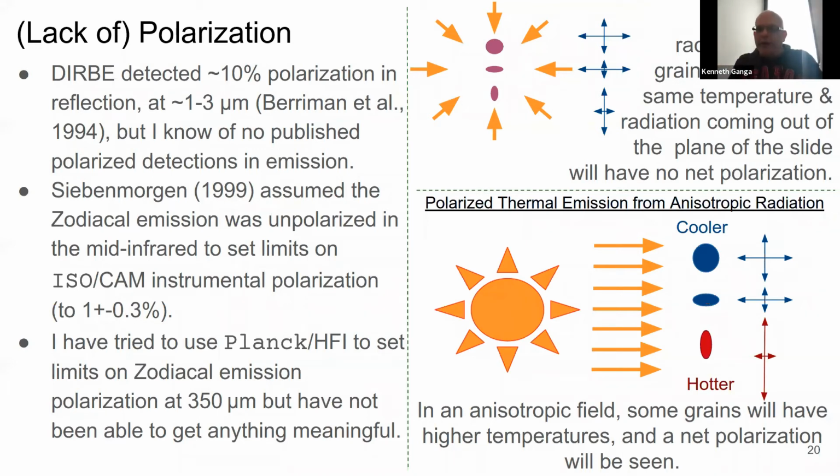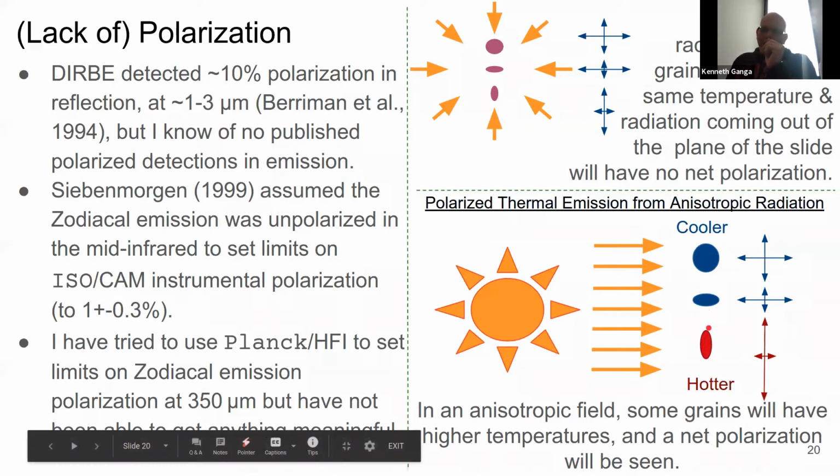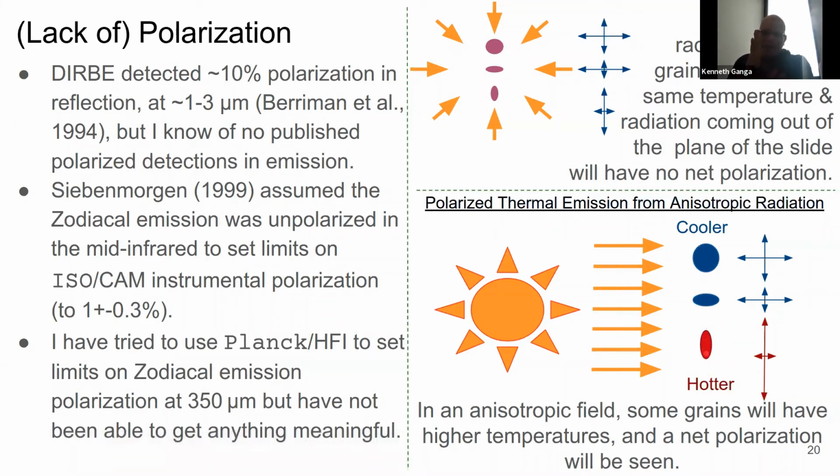There will be some particles that look colder. The ones that are edge on to the sun will be a little colder than the ones that are face on to the sun. And if they are longer than they are wide, those hotter particles are going to give us a net polarization, perhaps.